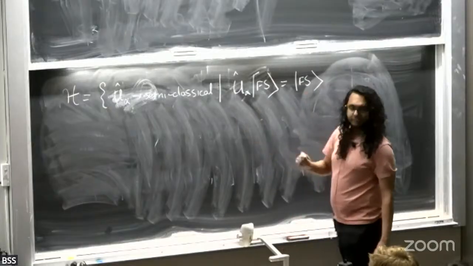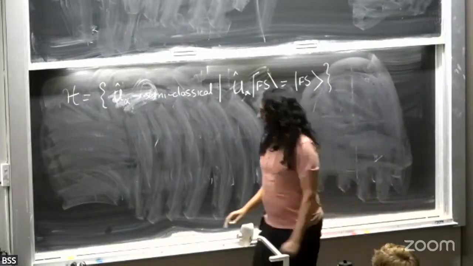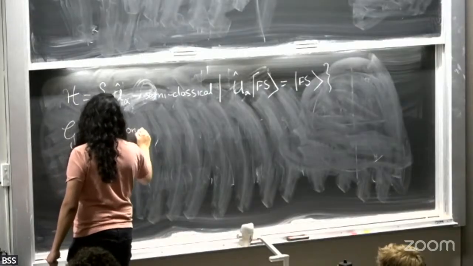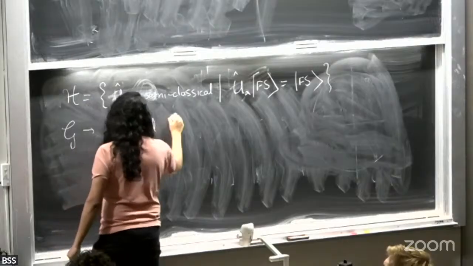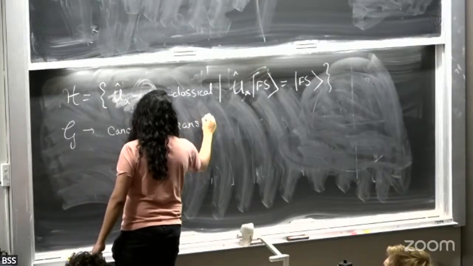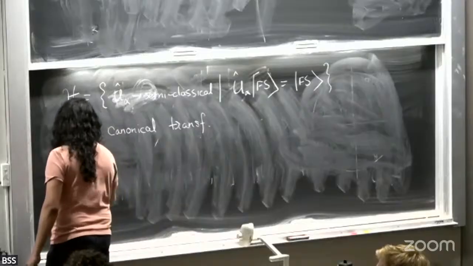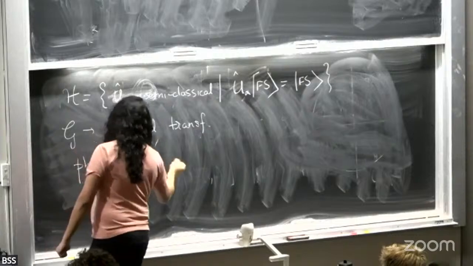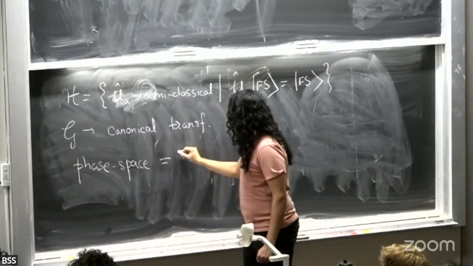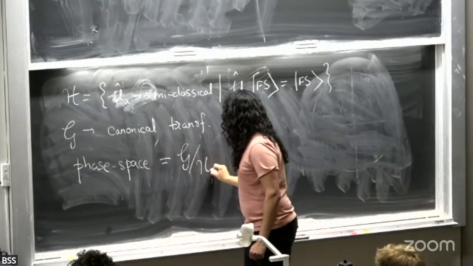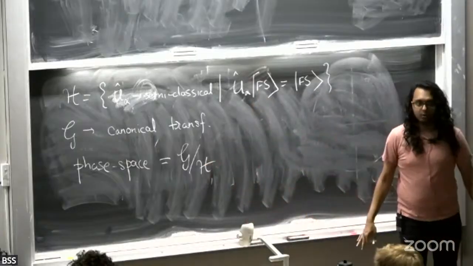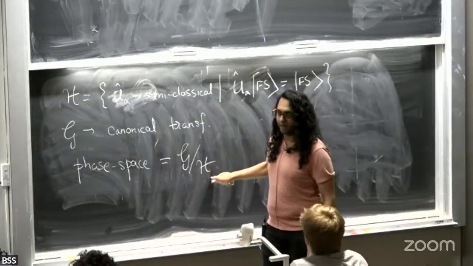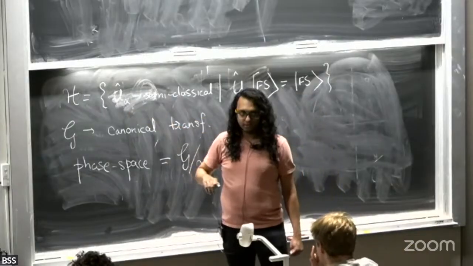This is a group. And G is the group of all canonical transformations. Then the phase space for Fermi liquids is given by the coset G mod H. And a typical element of this is a canonical transformation up to identification by a shift with H.